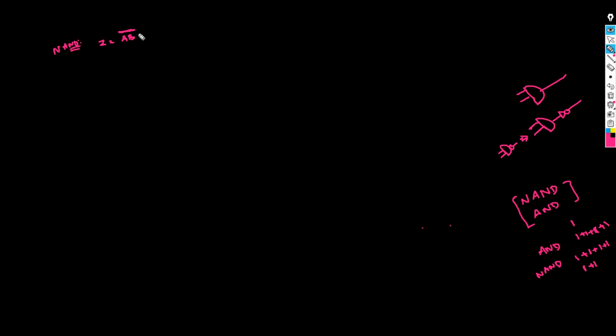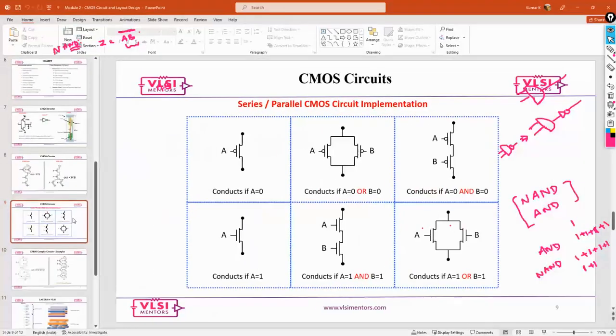Take only this AB, and leave the bar as it is. Just take only AB and leave the first bar as it is. Now what is this AB meaning? A dot B. What is A dot B meaning? AND gate.